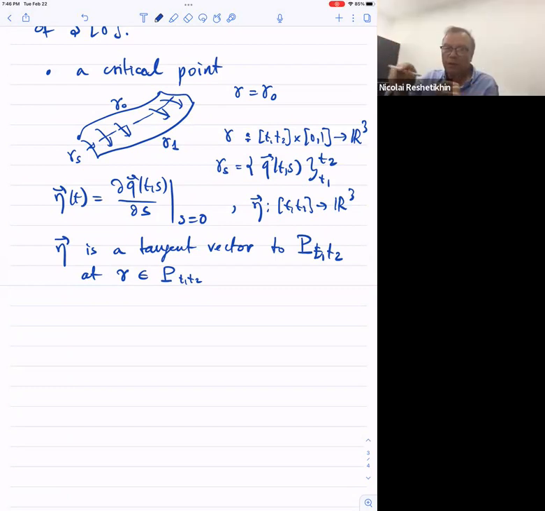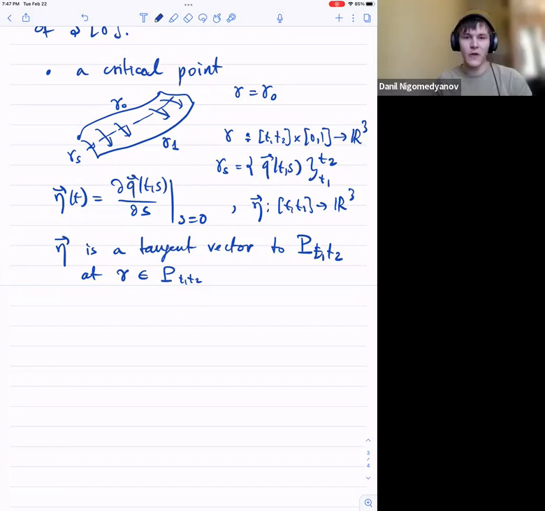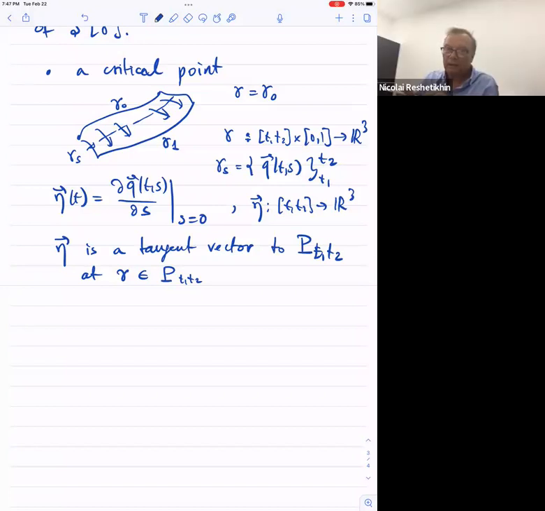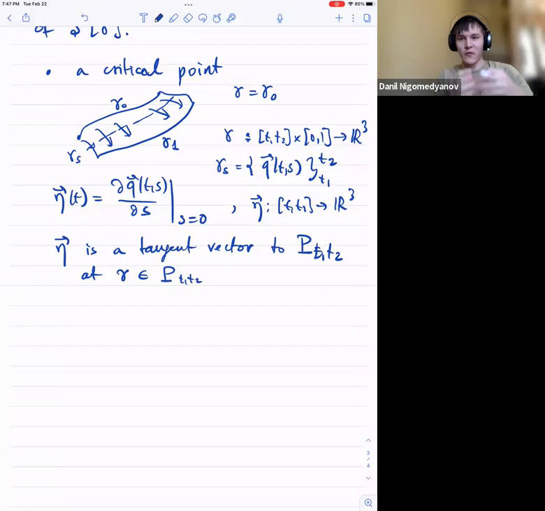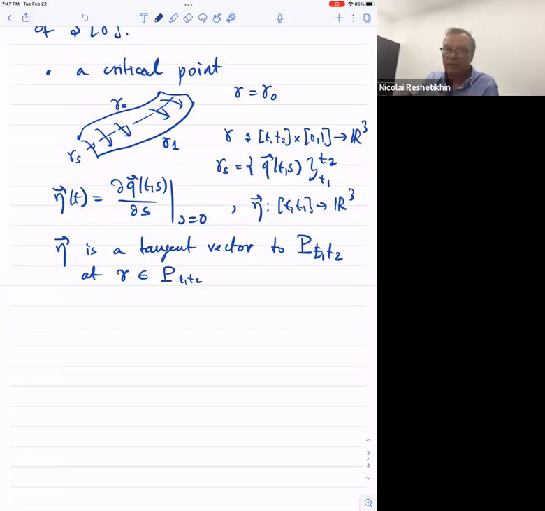Let's imagine that it's a smooth space, but it's an infinite dimensional space. A variation of a path is a path in the space of paths again. Yes, exactly, and eta is a tangent vector to this path. Exactly. Very good.